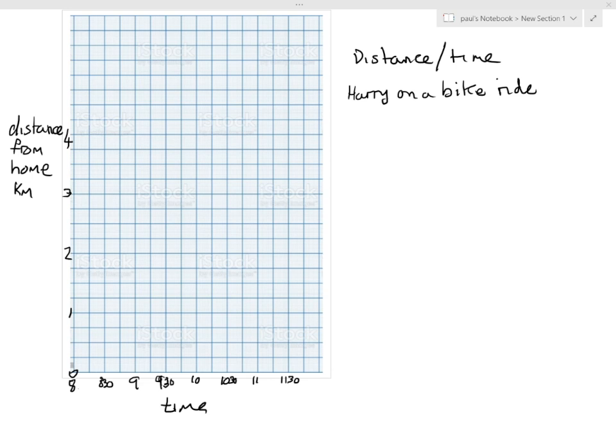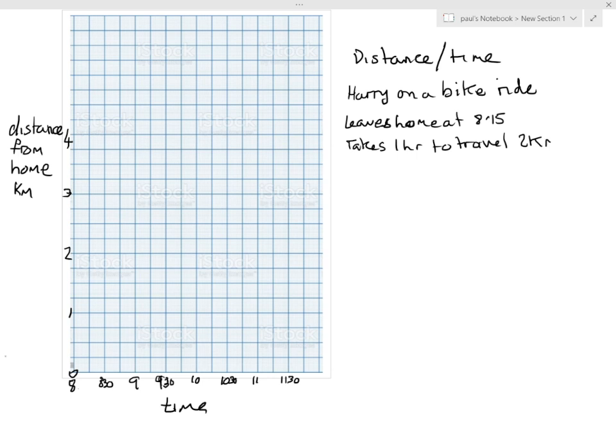Right, here we go. So Harry, he leaves home at 8:15. He takes 1 hour to travel 2 kilometers.